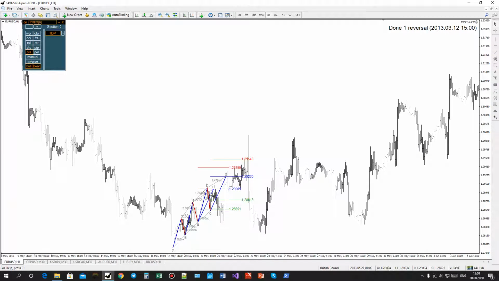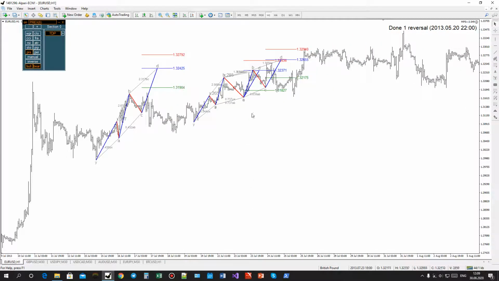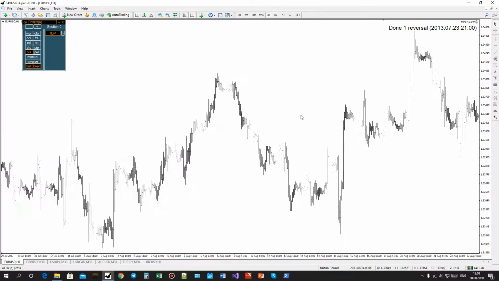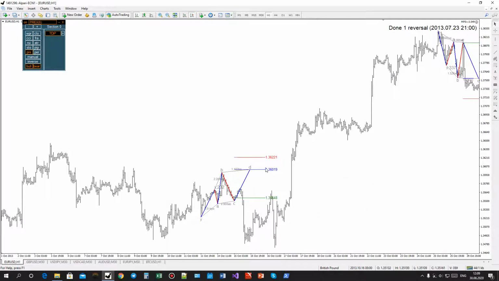The first one, this one, was a win, and the second one was invalidated. Nothing here. The first one, it was a win, and the second one was invalidated. Didn't complete.